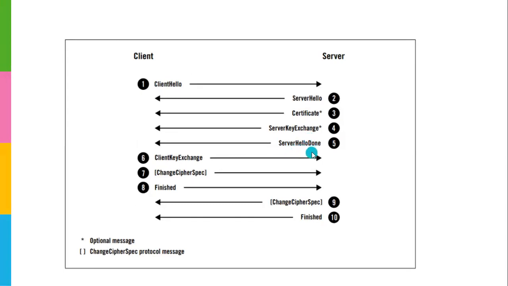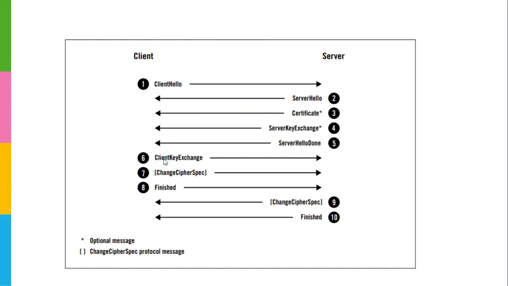Then server hello done. On the other end, the client will generate the pre-master key with the help of the cipher suite and public key, and that pre-master key will be shared with the server, encrypted by the server public key only.